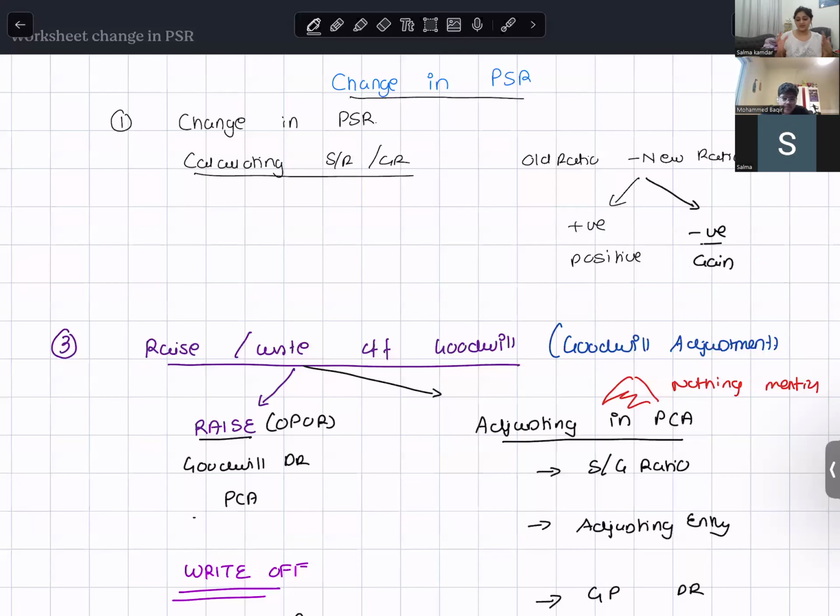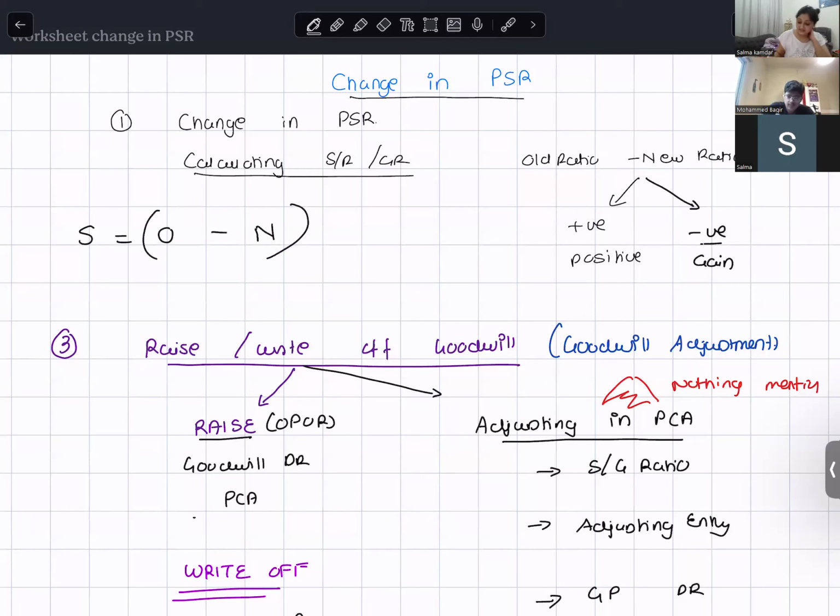We just learn one formula. When we have to calculate the sacrificing ratio or the gaining ratio, we remember SON. So our sacrificing ratio is old ratio minus the new ratio.